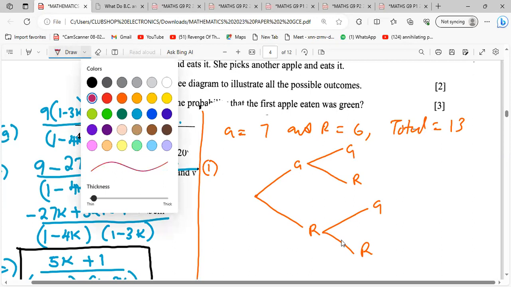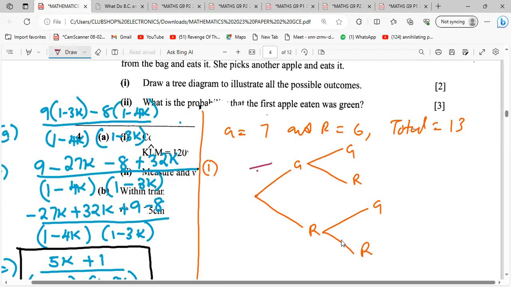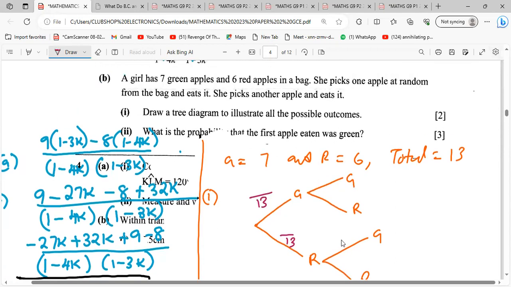In the first picking, we have 13. In the second picking, since one was picked and eaten, there will be 12 remaining, so we'll be picking out of 12.